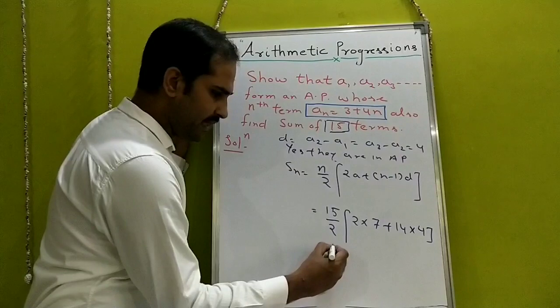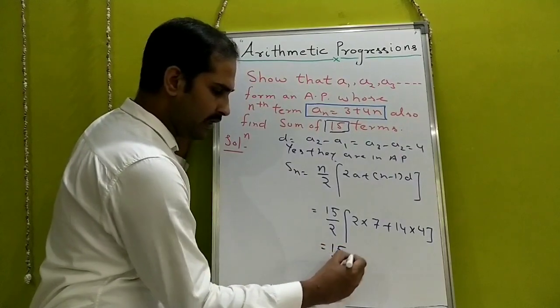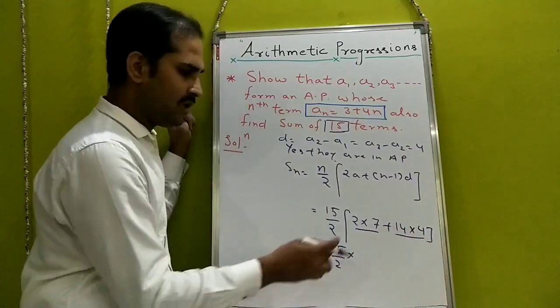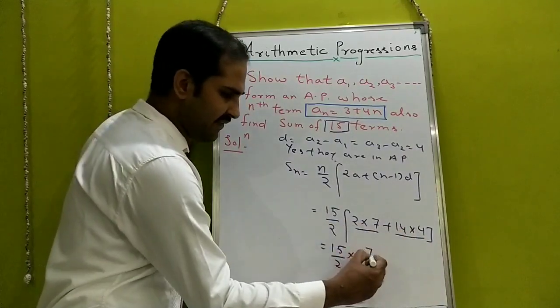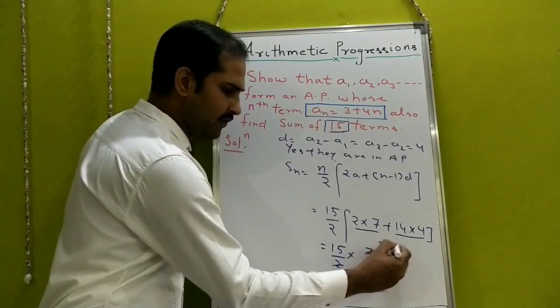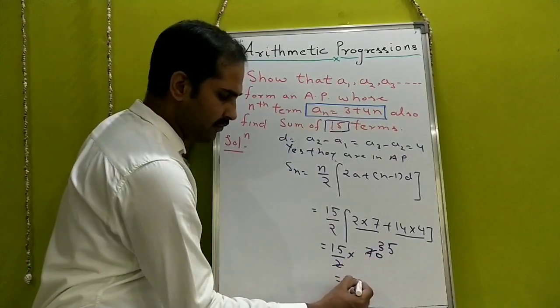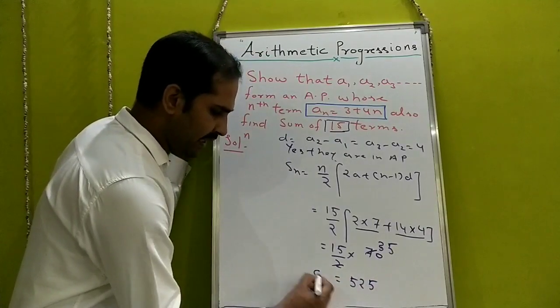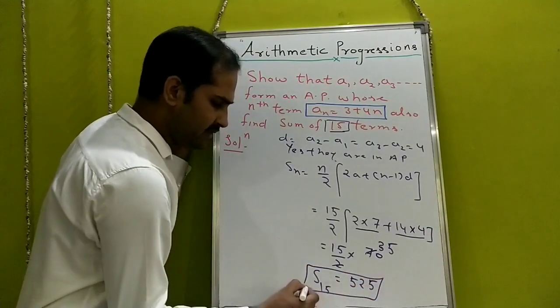Now 15 by 2 into 2 into 7, 14 into 4, 56. 14 plus 56, that is 70. Now the 2s cancel out, that is 35. 15 into 35 is 525. So the sum of 15 terms of the given AP is 525.